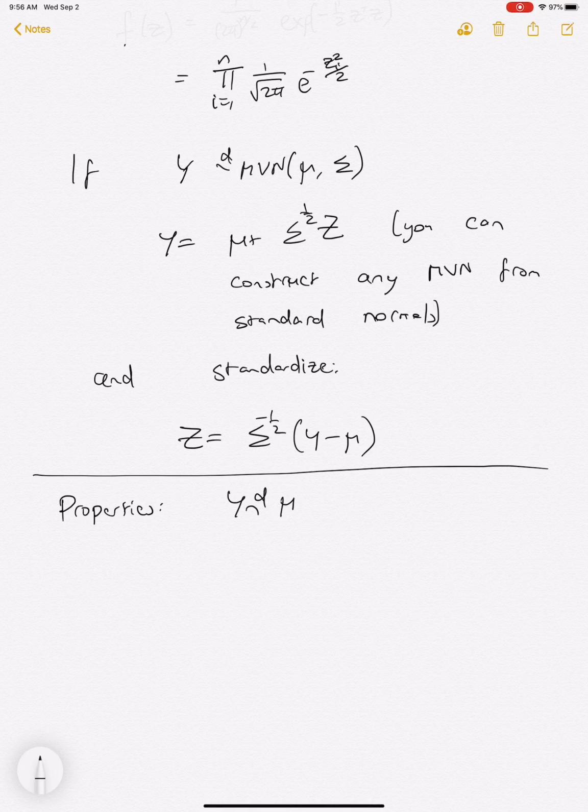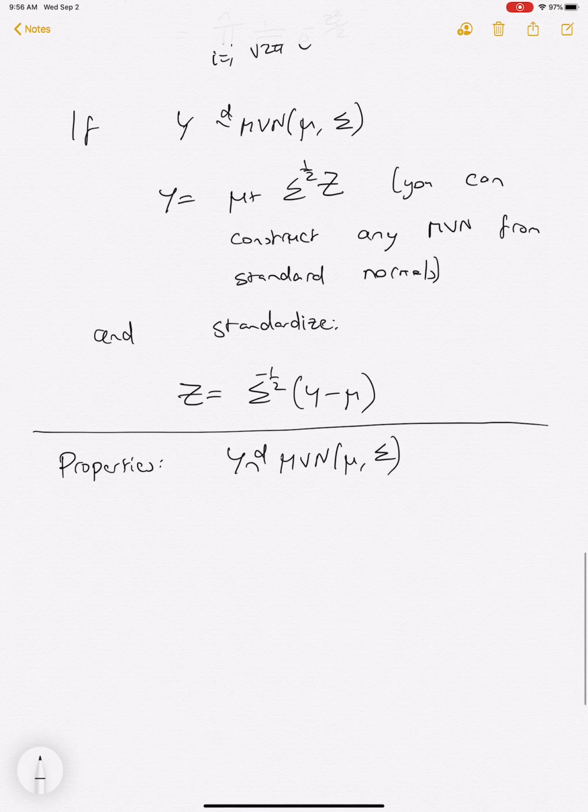And then there are some other really nice properties of the multivariate normal. The first one is that it is closed under linear transformations.